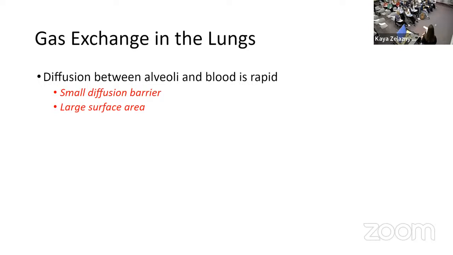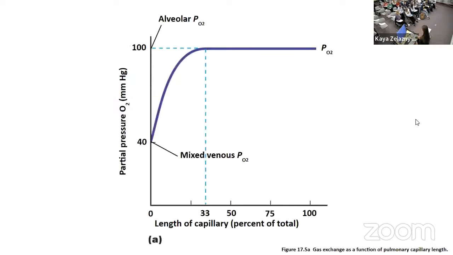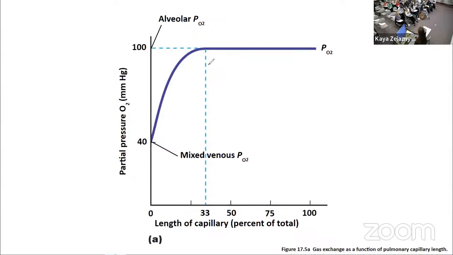We also have tons and tons of capillaries covering over the lungs, okay? So it happens to be the case that in about a third of the length of the capillary, you already match those values. You have that alveolar air reaching equilibrium with the blood really quickly.